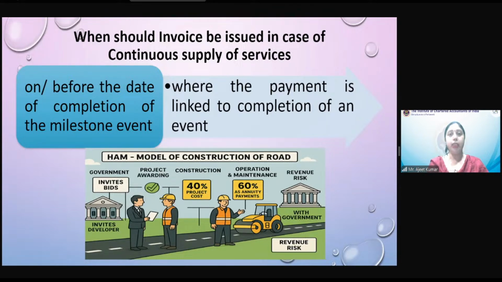Now these are the 2 events. If you issue the invoice on these events, we will say you have issued the invoice timely. And because you have issued the invoice timely, that invoice is useful for you, so you will be using it for determining the time of supply. If you have issued the invoice before either of these 2 events, the due date of payment and the completion of the milestone, then what would be the time of supply as per the time of supply provisions which we had discussed earlier?